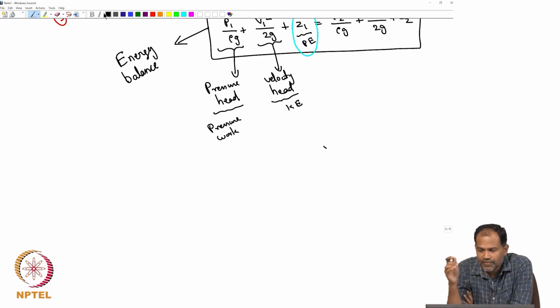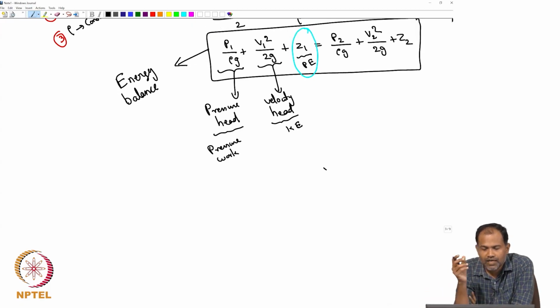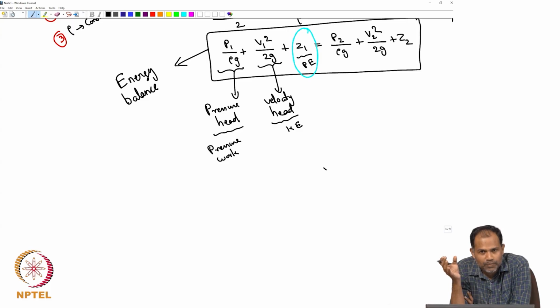So, we can say that if you had a pressure head, a velocity head, and a potential energy, and a part is lost due to friction, then you will say that there is a head loss in the system.